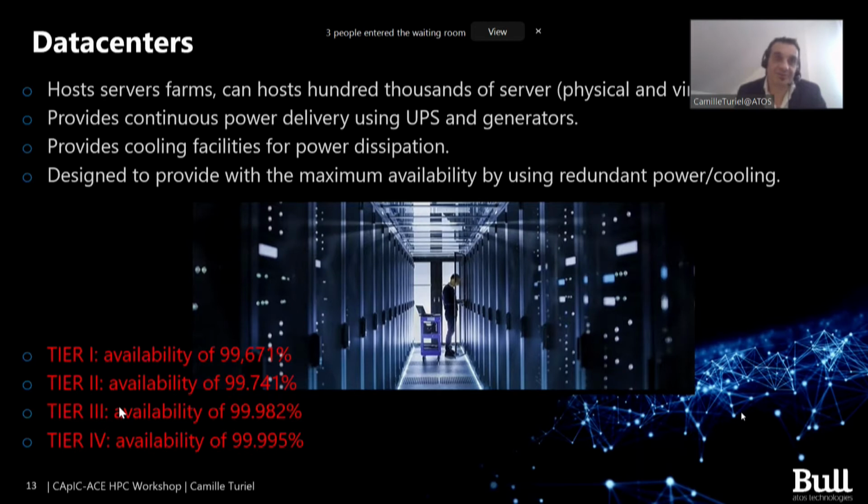If you consider that you can have up to 96, I believe, blades per rack in Sequana, it makes a total of 96 kilowatts per rack. It gives you an idea. And this must be cooled. That's why the Sequana uses water cooling instead of air cooling.